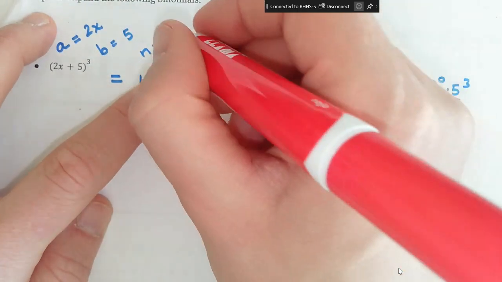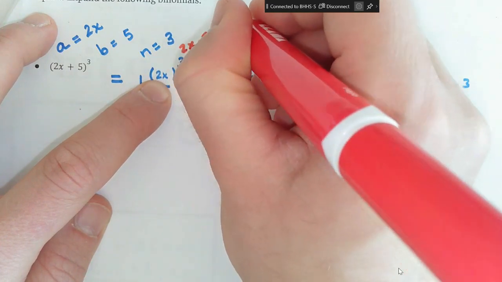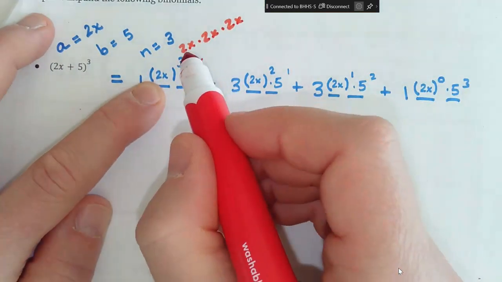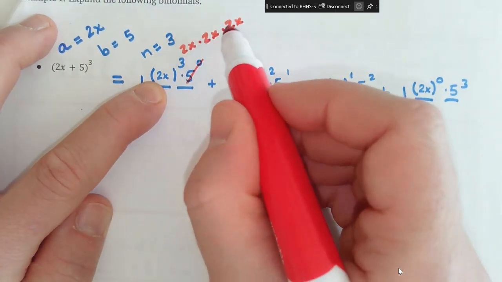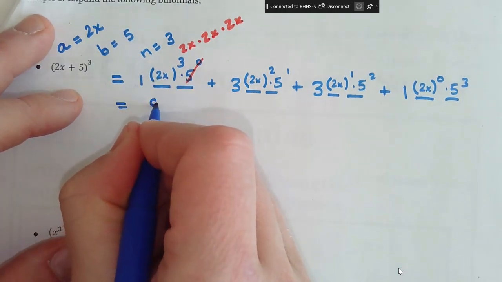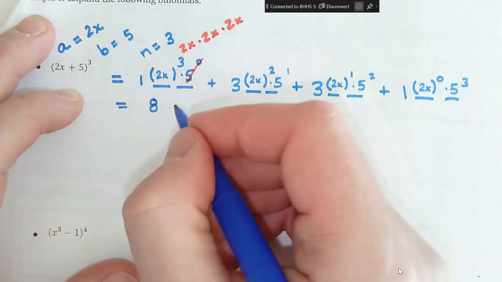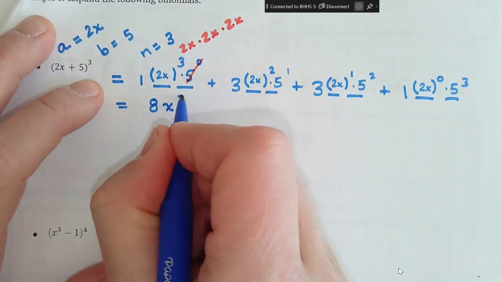But this right here says 2x is multiplied by 2x is multiplied by 2x. So notice that the power is affecting both the 2 and the x. So 2 times 2 times 2 is going to give us 8, right? 2 times 2 times 2 is 8. And then x times x times x is x raised to the third power.